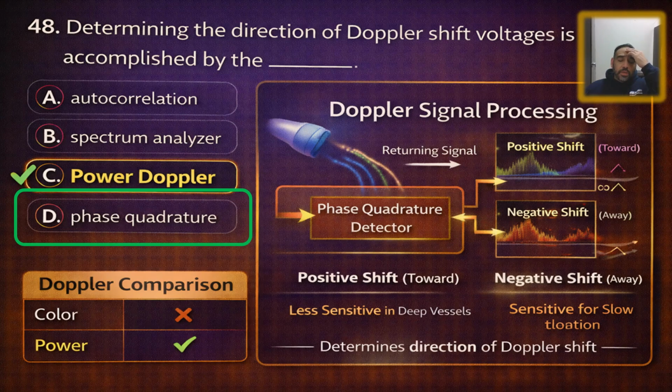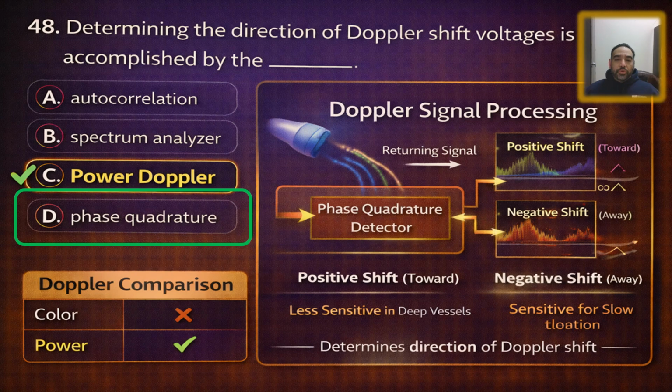Determining the direction of Doppler shift voltage is accomplished by the phase quadrature detector. To determine direction, whether something's toward or away, the system has to detect whether the frequency shift is positive or negative, whether the returning signal is leading or lagging in phase.